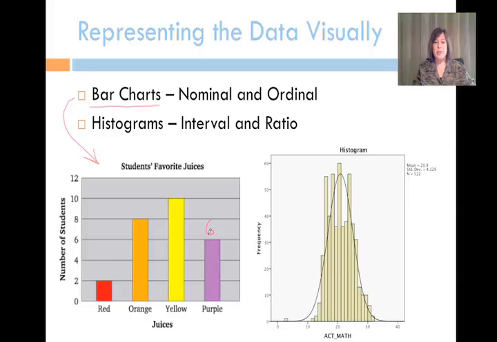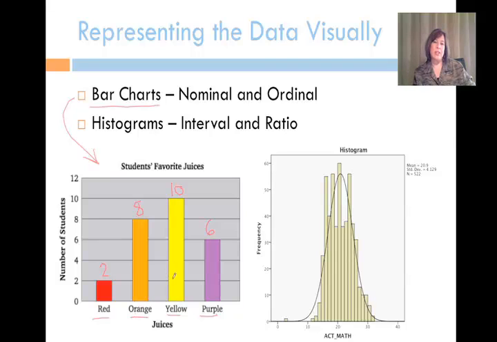So 6 people said they liked purple juice, 10 people said they liked yellow juice, 8 people said they liked orange juice, and 2 people said they liked red juice. That's just one variable with 4 response categories represented on a bar chart.